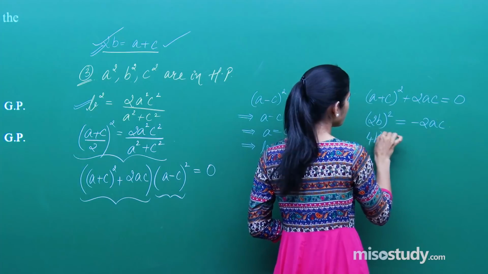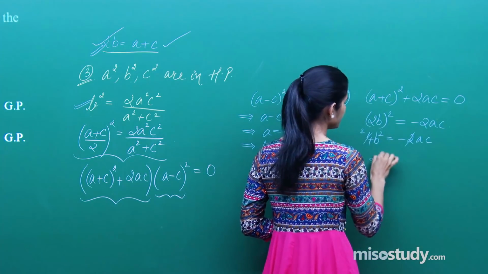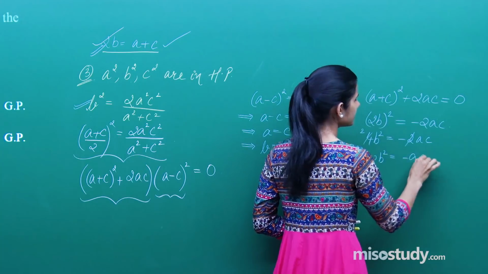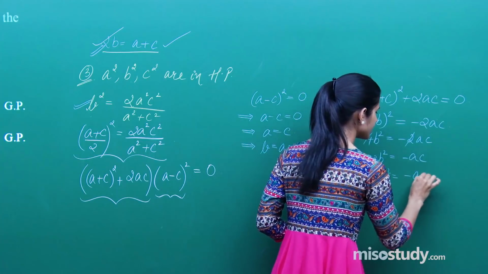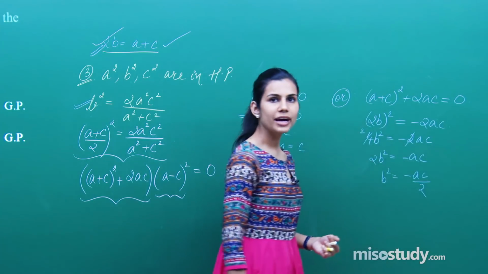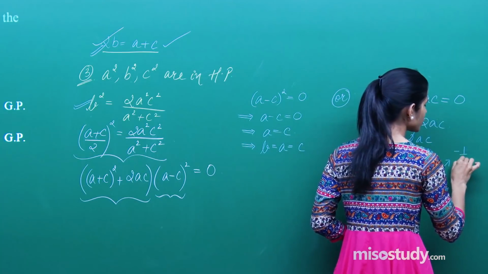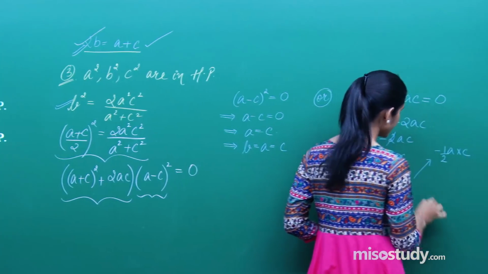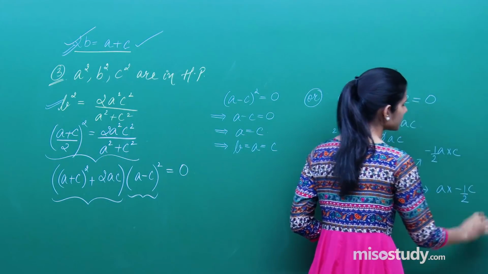This becomes 4B square is minus 2AC, which means 2B square is minus AC, which means B square is minus AC by 2. Now, I can write minus AC by 2 in two ways. Either I can write it as minus 1 by 2 times A into C, or I can write it as A into minus 1 by 2 into C.